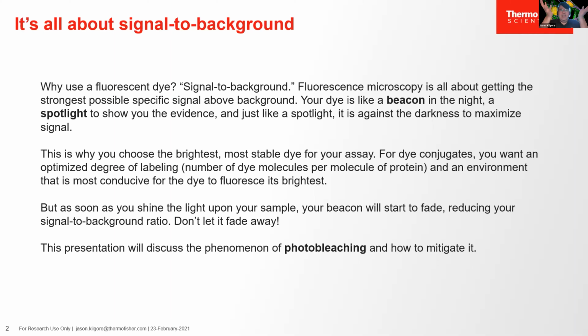But what's the point in getting such a great and stable dye if it's just going to photobleach away, right? So in this presentation, I'm going to talk about some practical things that you can do to reduce photobleaching, as well as anti-fade solutions. Some of you who have a lot of experience with microscopy, some of this will be basic, but stick around to the end because there will be some information on a newer product that you may be greatly interested in.